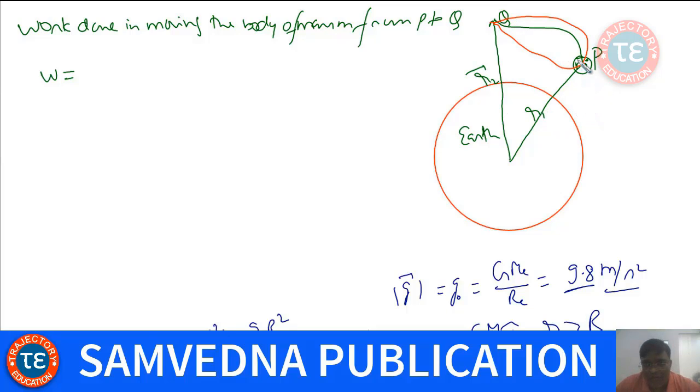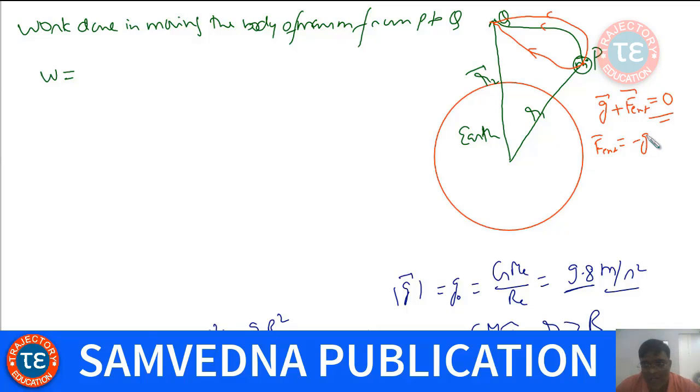So whichever path you choose, the force exerted by earth on that body is going to be G. So in order to keep it in equilibrium, you must apply a force Fext such that Fext plus G should be 0. Then only the body can remain in equilibrium.